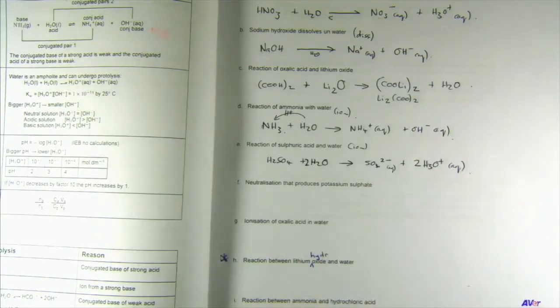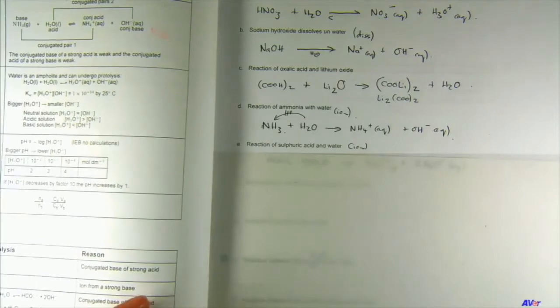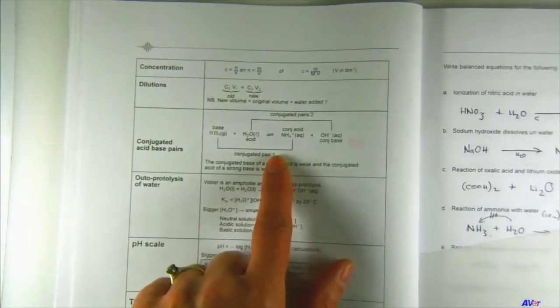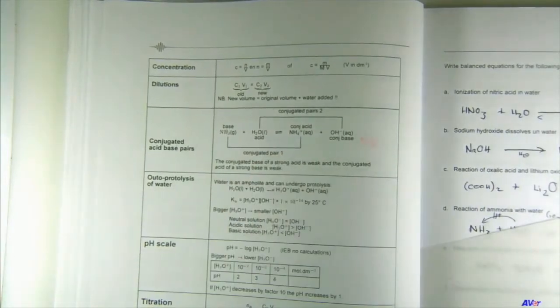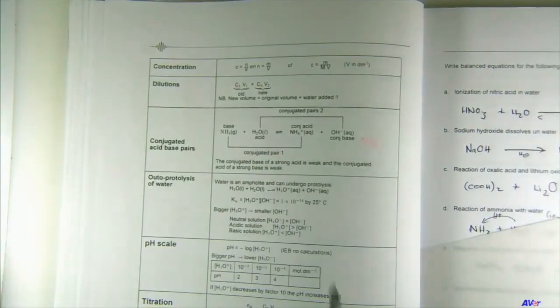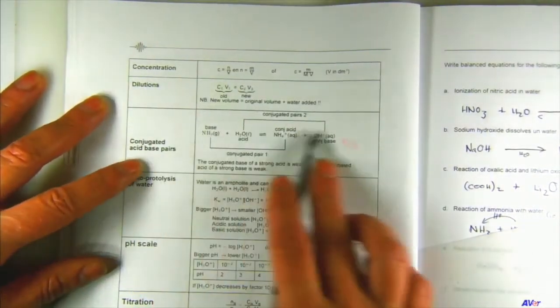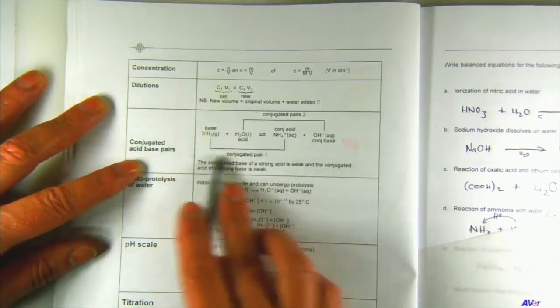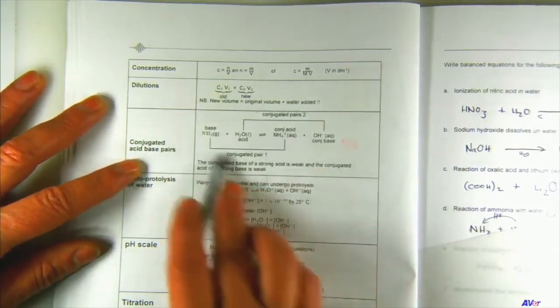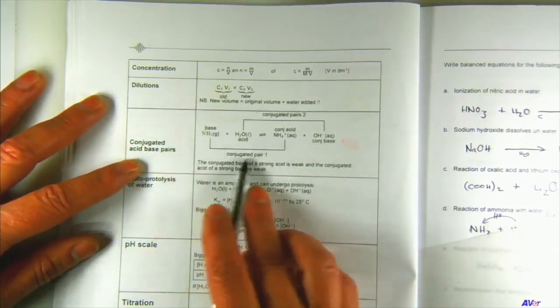There's just one exception to this rule, and that is when they ask me to show the conjugated acids and bases. Now for this I need you to just look on the other side there at conjugated acids and bases. Remember you did that in grade 11. So let's just go back and see. In grade 11 we said if you had this equation, you can show which two is a conjugated pair.